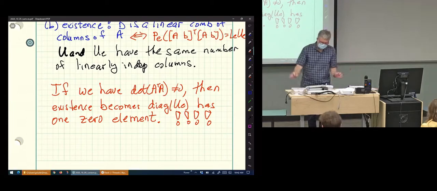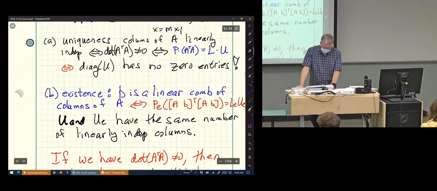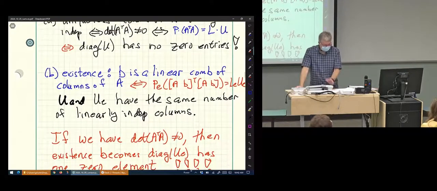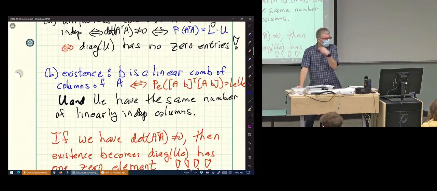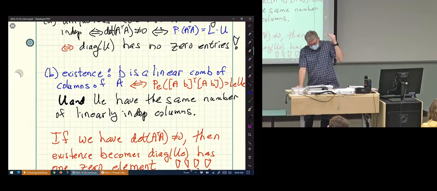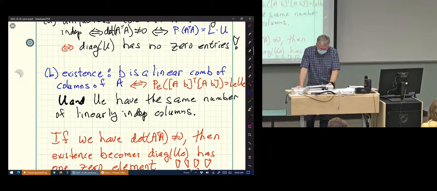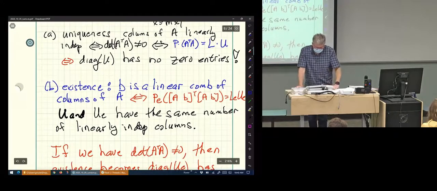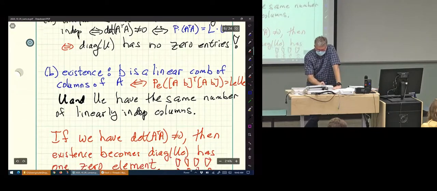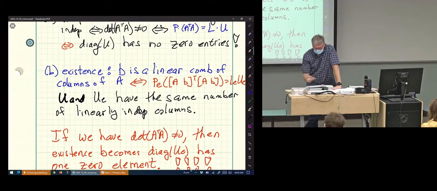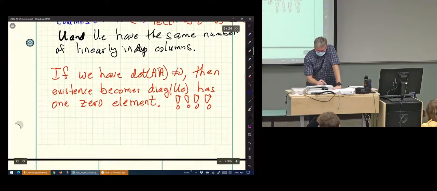If we're really only concerned about existence and uniqueness, the first one, there's no 0 elements. That's determinant of A is not equal to 0 because the product of the elements on the diagonal of U is proportional to the determinant of A. So that needs to be non-zero, and that means no 0 elements.